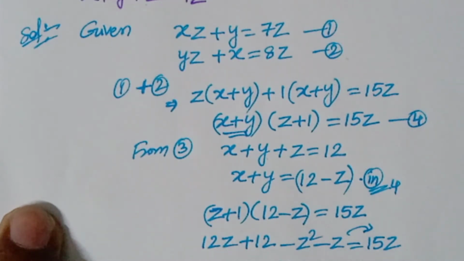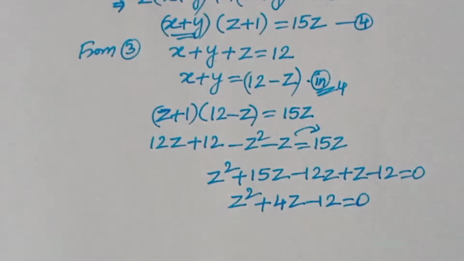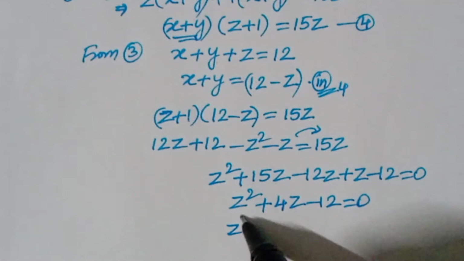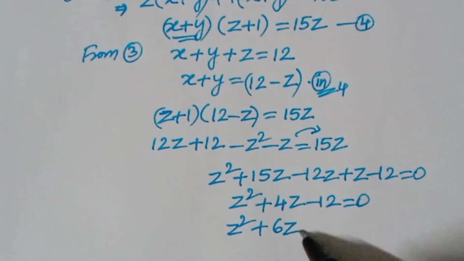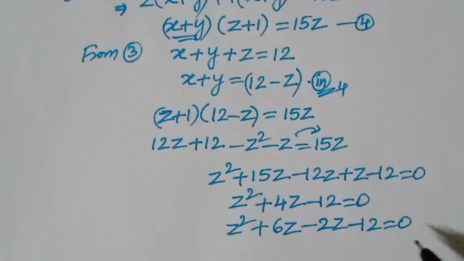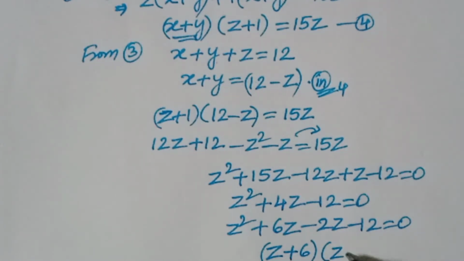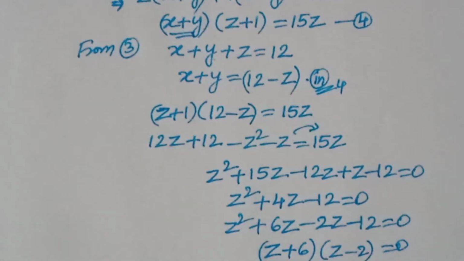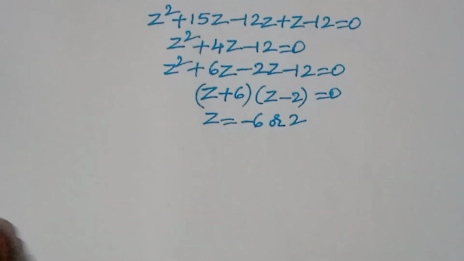So you will get a quadratic, z square minus 4z minus 12 equal to 0. If you take the factors, z square plus 6z minus 2z minus 12 equal to 0. Directly I am writing (z plus 6) into (z minus 2) equal to 0. So z is equal to minus 6 or 2.